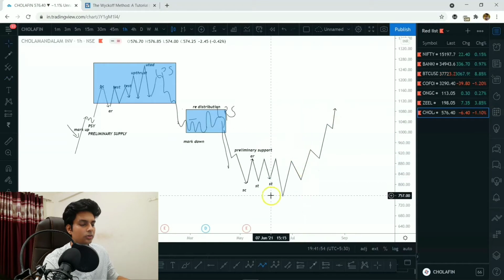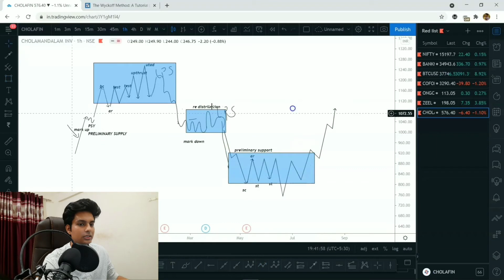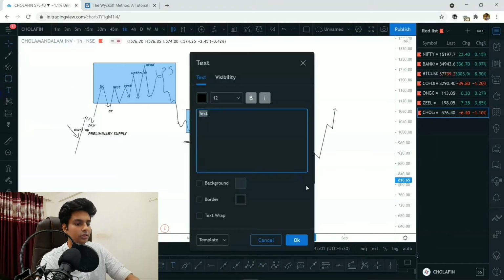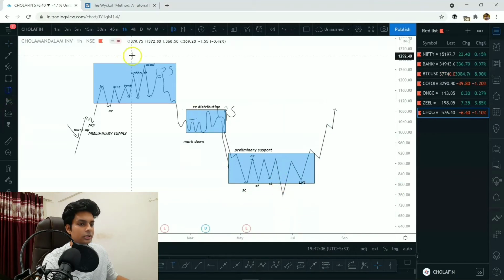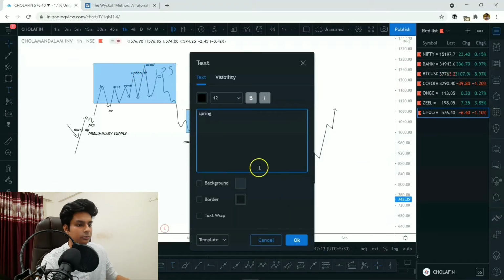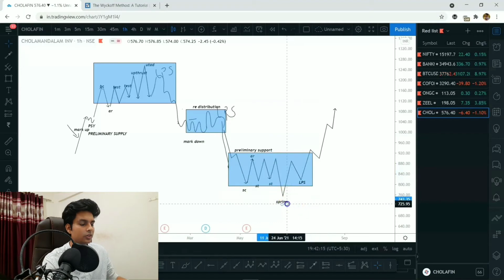This is how Wyckoff works. You can understand these phases. Right here you have your LPS, and this particular stop hunt, which we used to call upthrust after distribution, is what we call a spring.